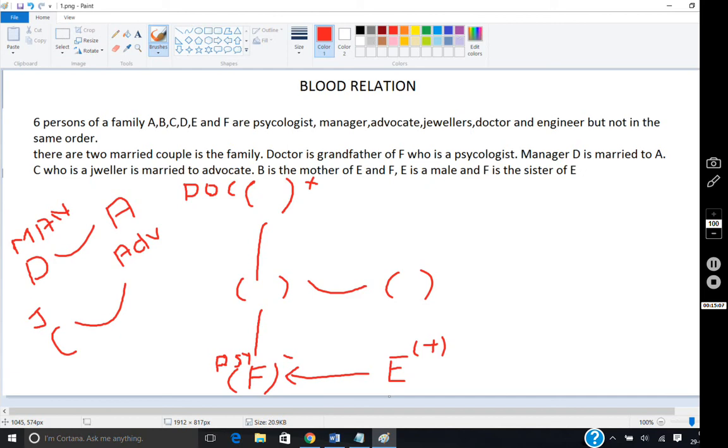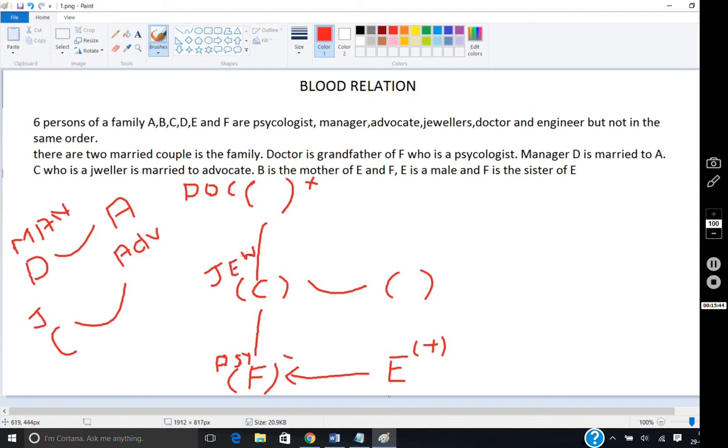C, who is a jeweler, is married to advocate. Manager D is married to A. So we can put C here, and he is a jeweler.